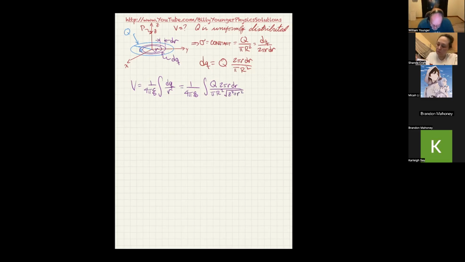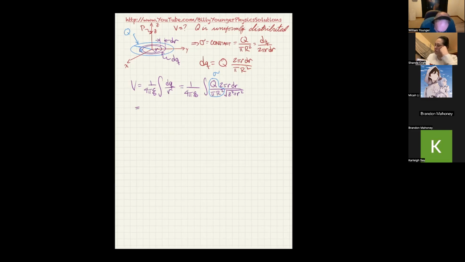Okay. Now, if you look, you can save a little bit of trouble in writing a bunch of stuff by just realizing that this little quantity right here is sigma. That makes things easier to deal with, so we don't have to write this big mess every time.